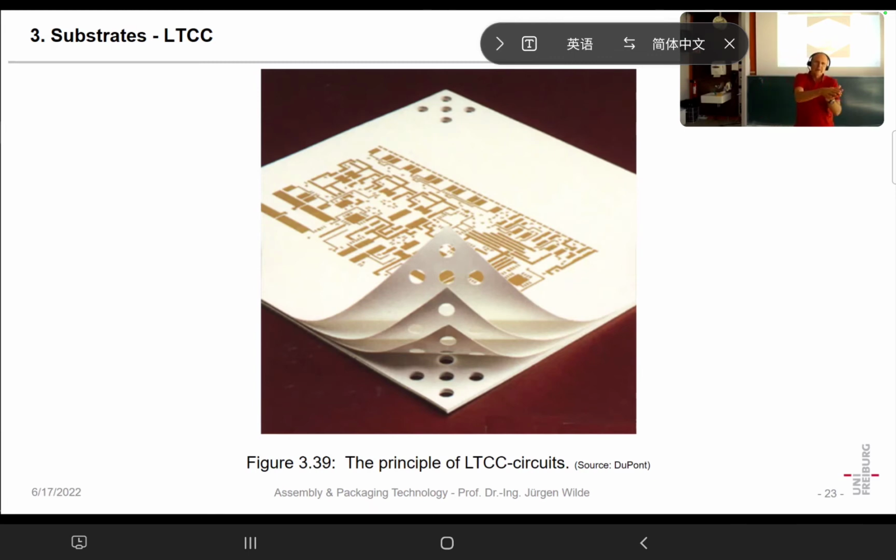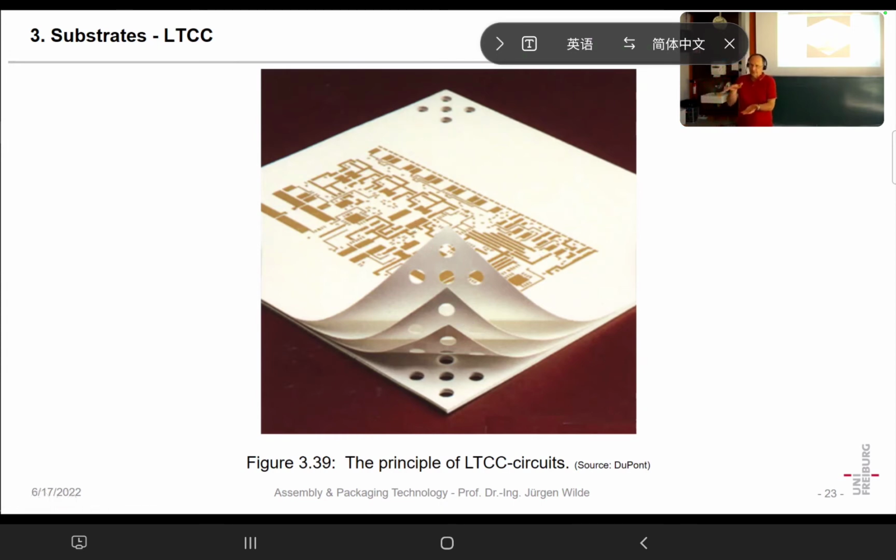So you put them together, and in some way you have to sinter it to make it monolithic. On the other hand, then you would have individual layers, and each has a conducting pattern, but still layer to layer is not connected. So you need the vias. In the end, you have different pages.